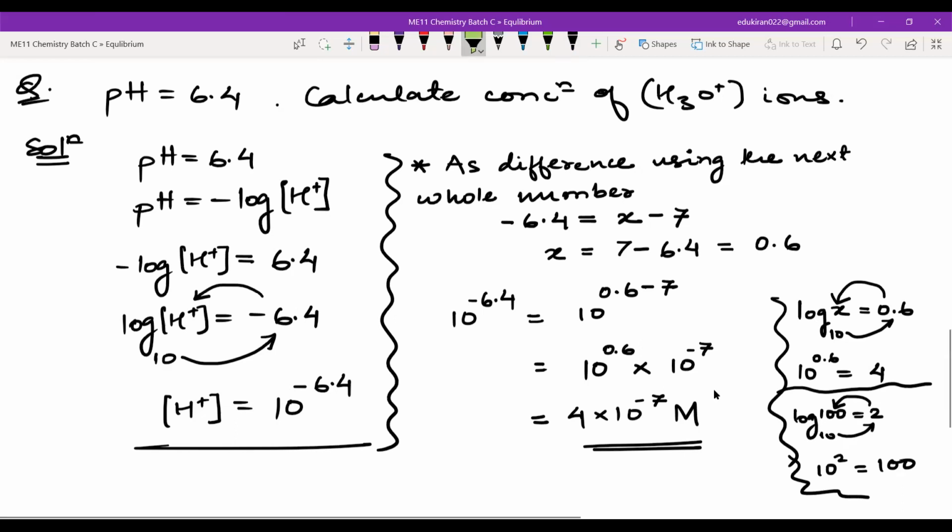This is the most important thing, that you have to rewrite as a difference using the next whole number, not the previous whole number, next whole number, okay? Write this down, let me know if you're done.